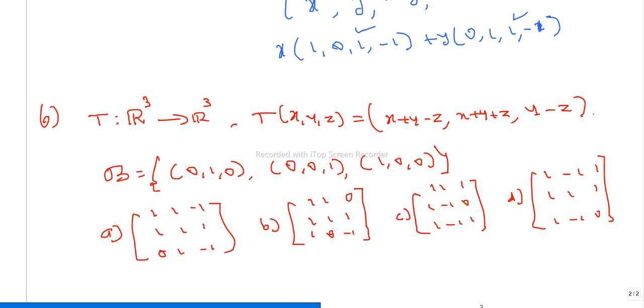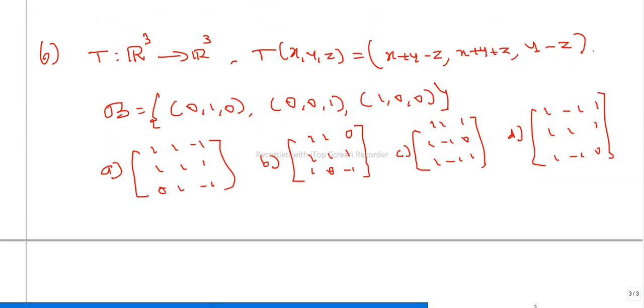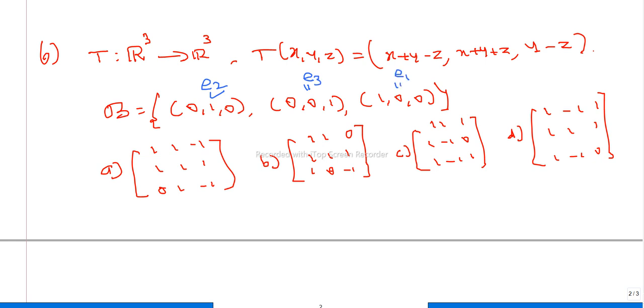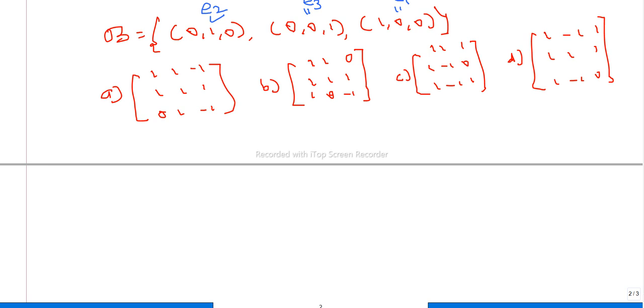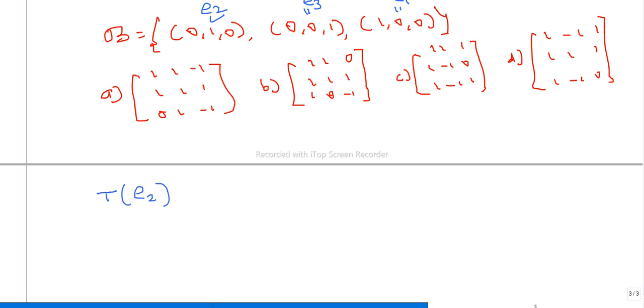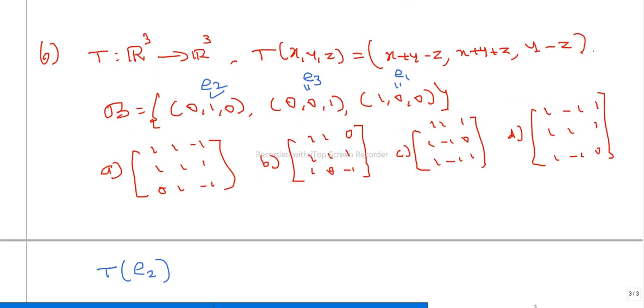First you have to find the image of the given basis elements. The order is very important. They take this as the first basis element, so actually this is E2 and this is E3, and in the standard basis notation this is E1. First you have to find T of E2, that is x equal to 0, y equal to 1, z equal to 0.